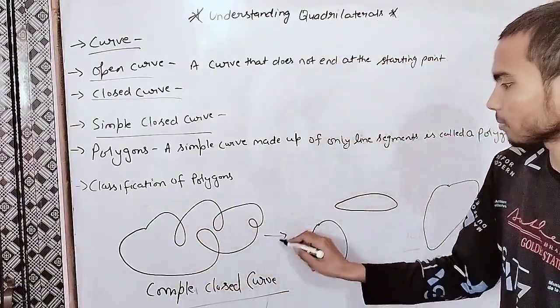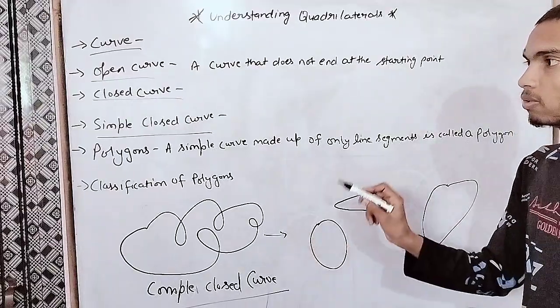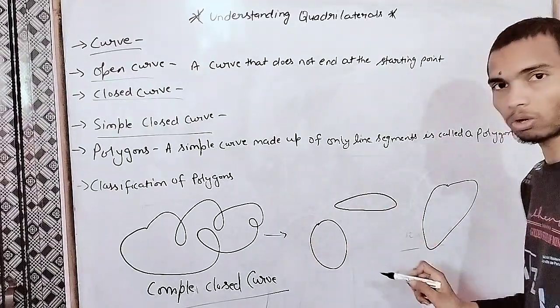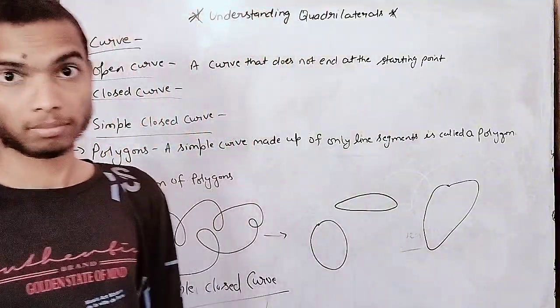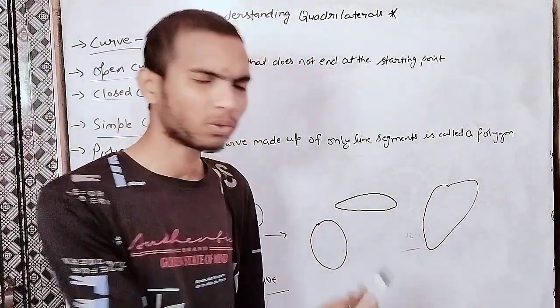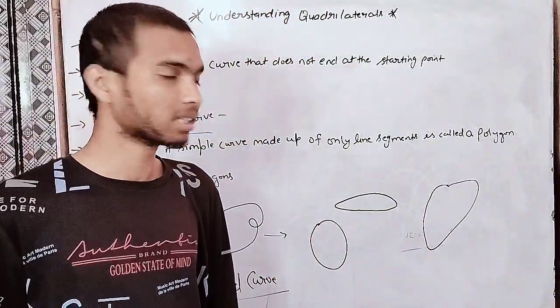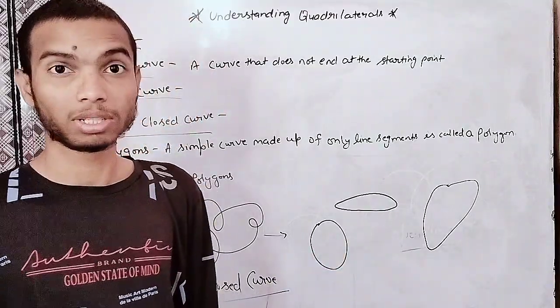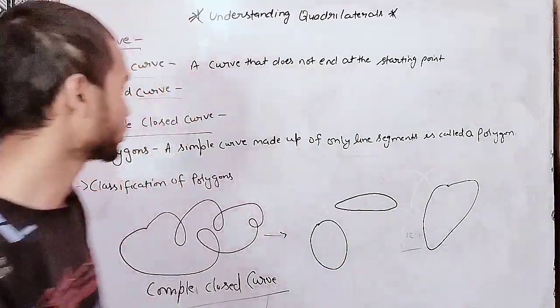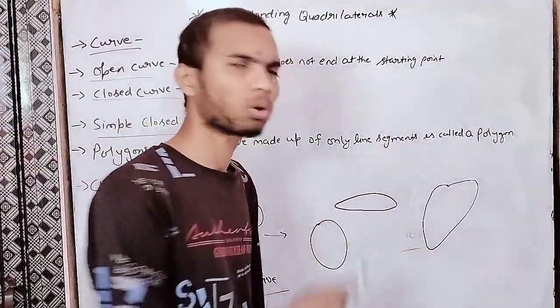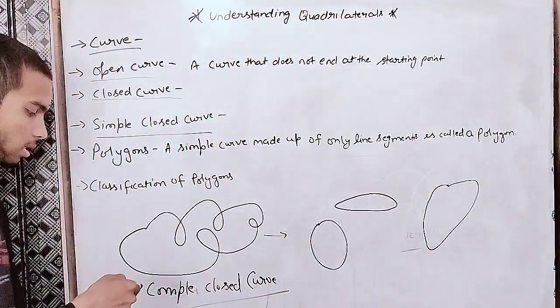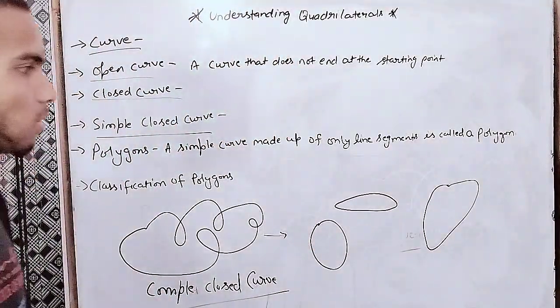But in the case of a simple closed curve, here we want to see any type of intersecting. Can you tell me where the intersection is in this diagram? No, this is the description of a simple closed curve. This is also a closed curve, and this is a closed curve as well.